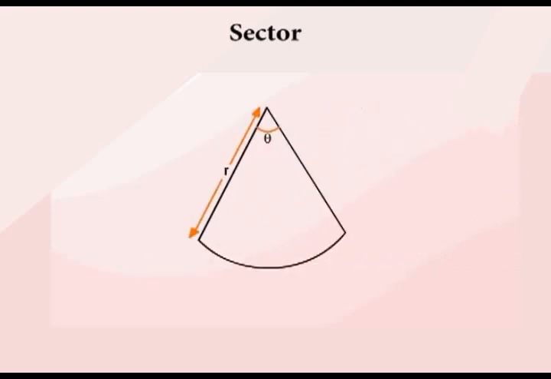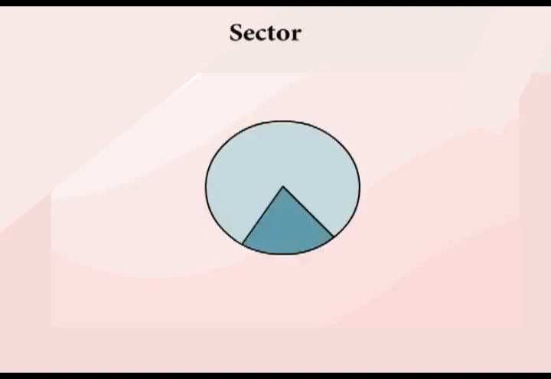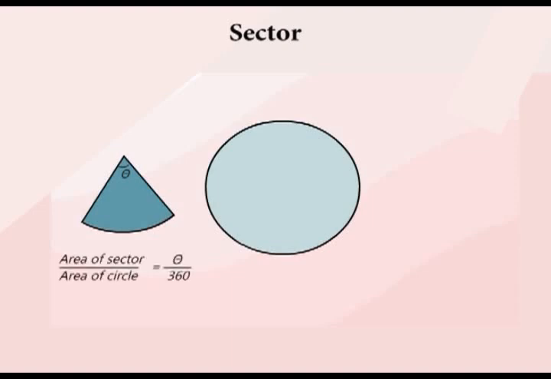We can calculate the area of a sector of a circle if we know the radius of the circle and the central angle. The area of the sector is proportional to the area of the circle. The central angle is proportional to the angle in a circle. Therefore, area of a sector over the area of a circle is equal to theta over 360 degrees.